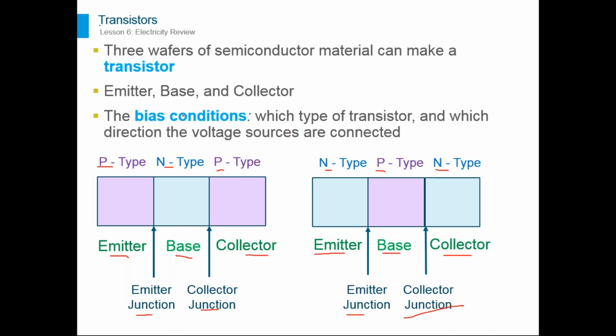These details are called bias conditions. Your text focuses on the bias conditions of the PNP transistors, so those are the ones that we'll be looking at on the next slide.